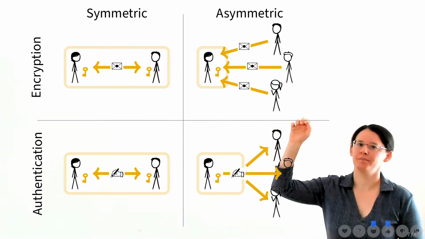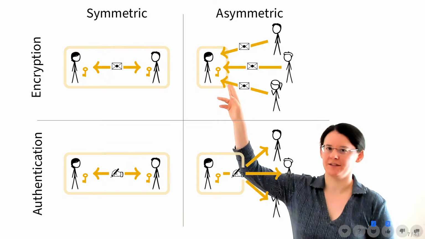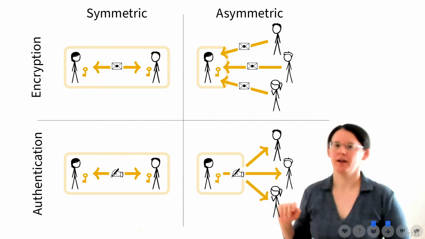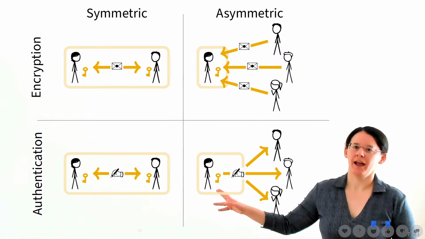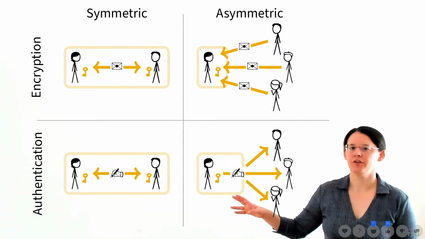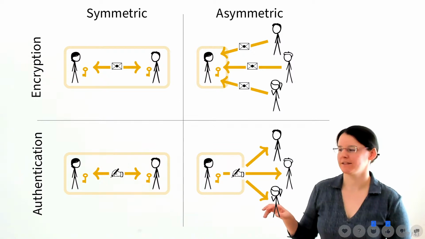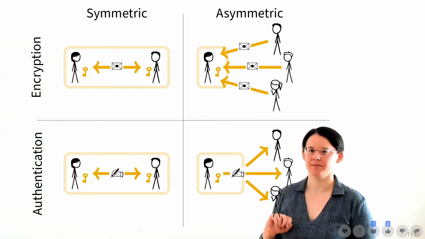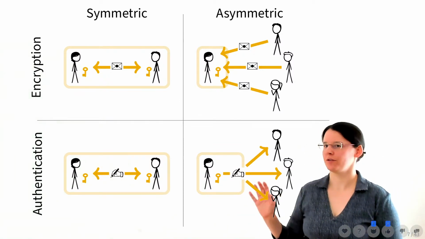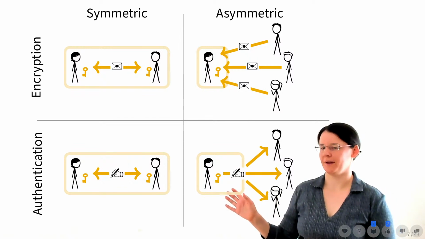For example, by sending them encrypted messages that only Alice can decrypt. Or Alice can sign something like a contract, and later everybody can verify that it's correct. And nobody else can produce this signature, only Alice. So we have a sort of user-centric perspective.